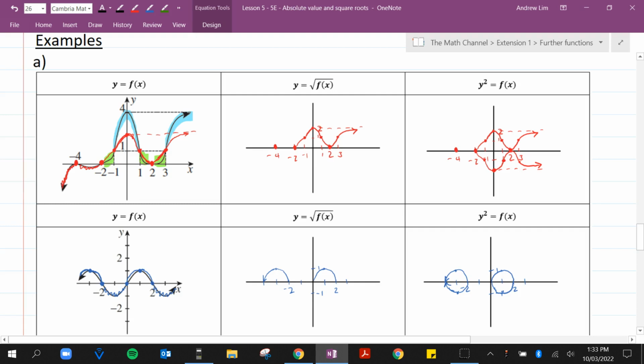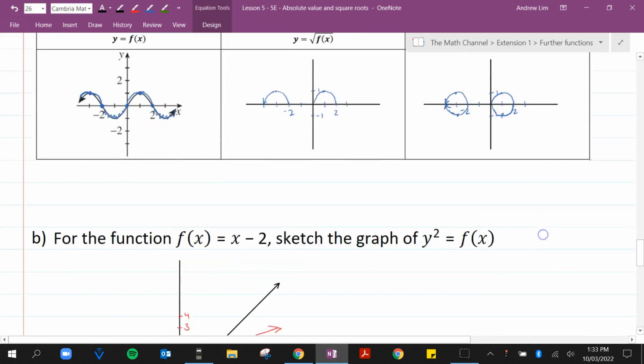If we root a number that's less than 1 but more than 0, so a positive decimal, the answer will be greater than the number that we square rooted. And if we square root a number that's greater than 1, the answer will be less than the number we square rooted.